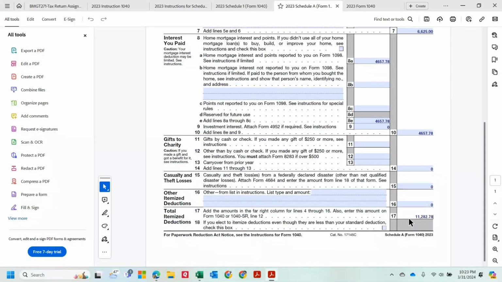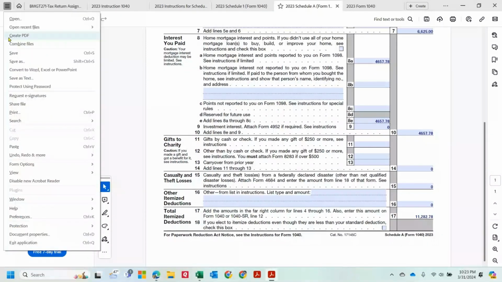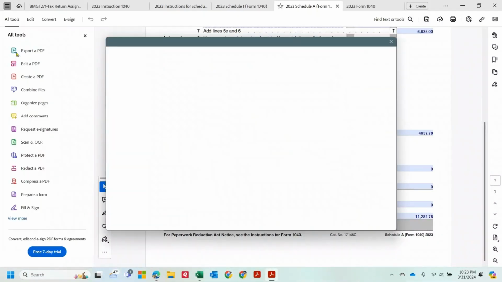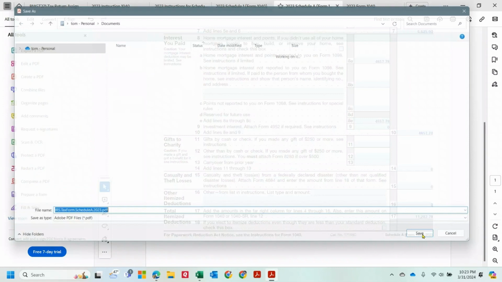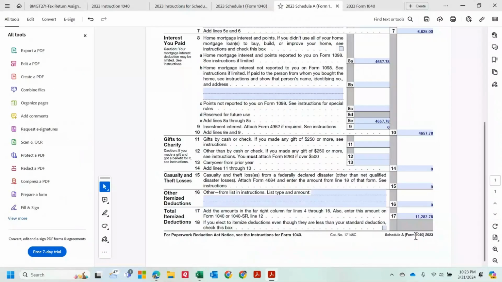So what do we do with this? What we're going to do with this is carry this over to our 1040, and we're going to go ahead and figure out from there what that means. So let's go ahead and write down that number. We're going to carry that over for us. So again, I'm going to take this and I'm going to save this file. Put this wherever you want to be able to do that. I'm going to skip that for now, but make sure you go ahead and save that file.